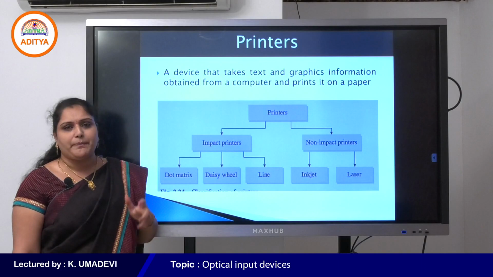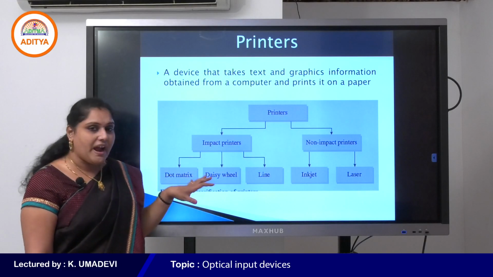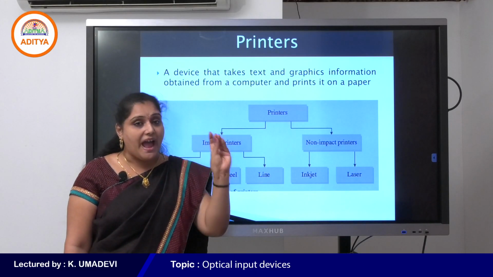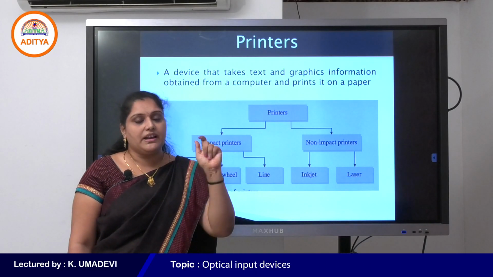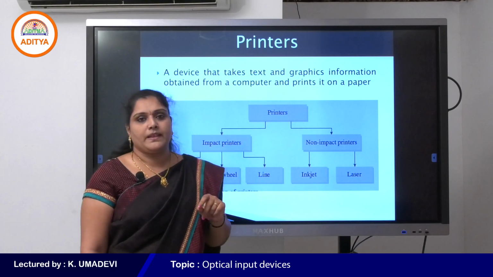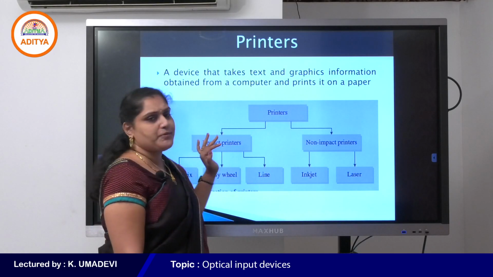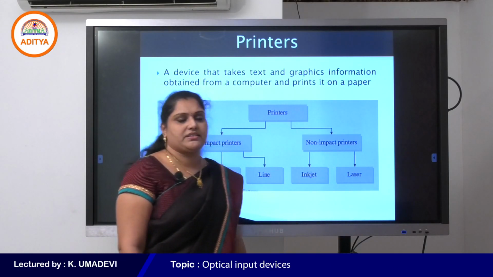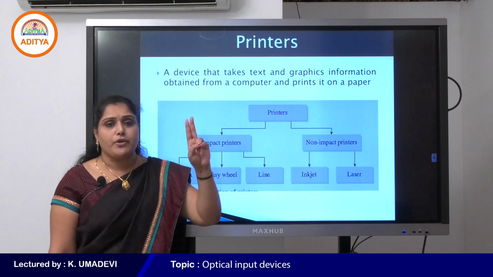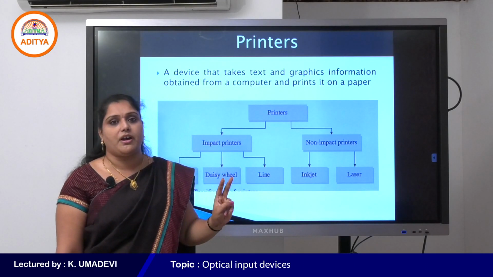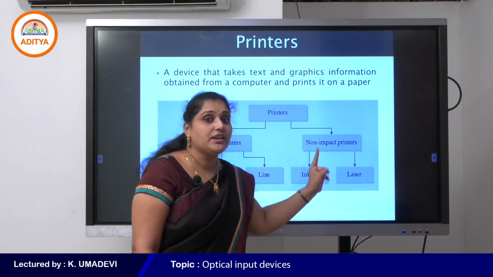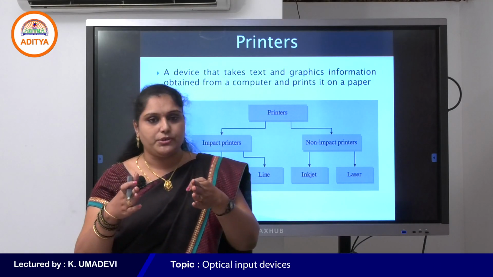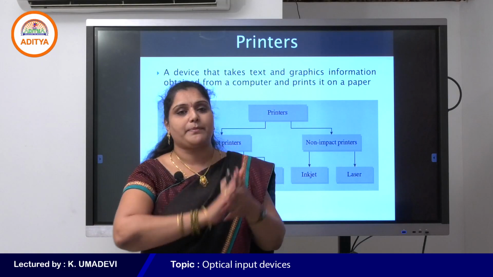Many types are available, like dot matrix printer, daisy wheel printer, band printer, drum printer, line printer, etc. When coming to non-impact printers, there are two types available now: inkjet printers and laser printers. So printers are classified into impact and non-impact printers.